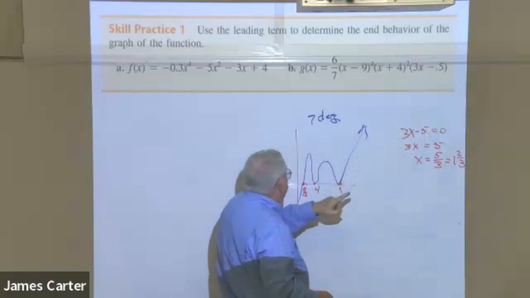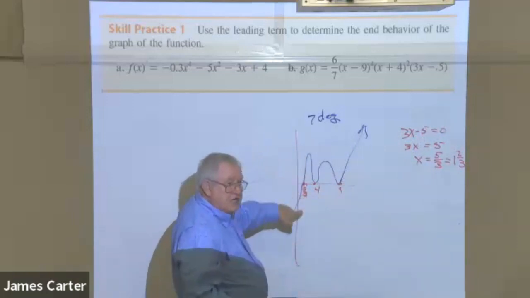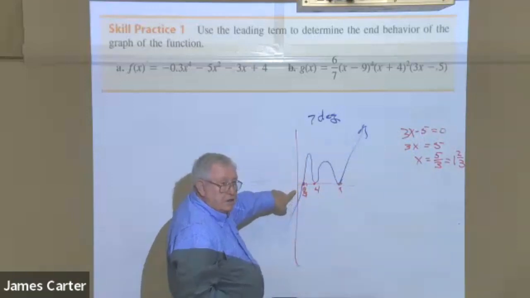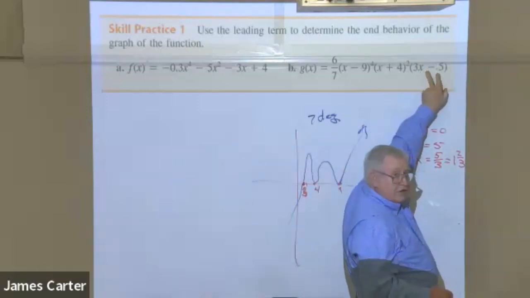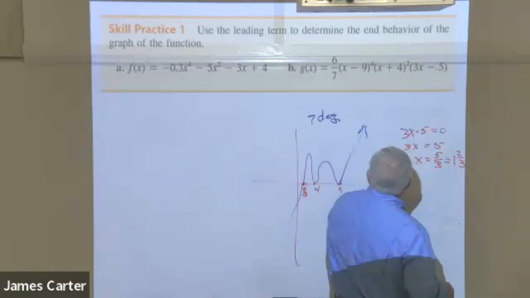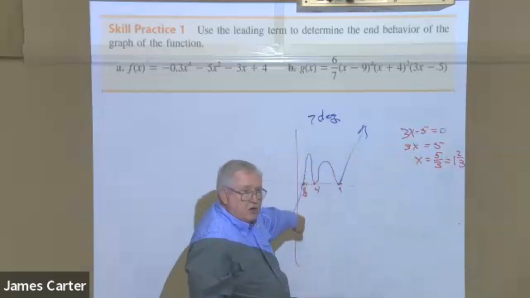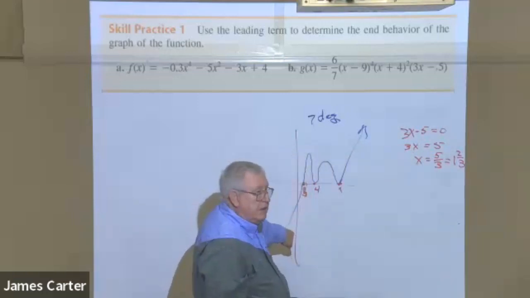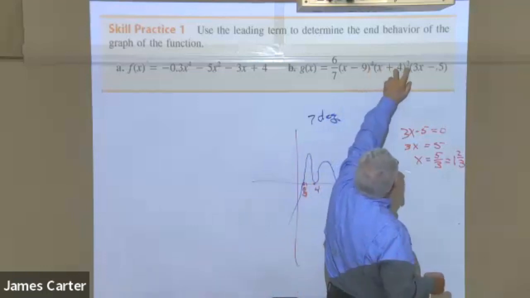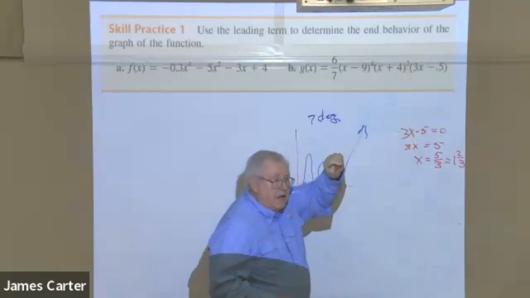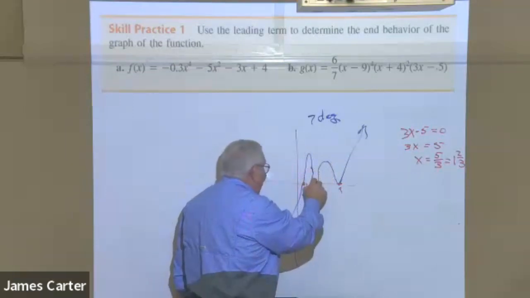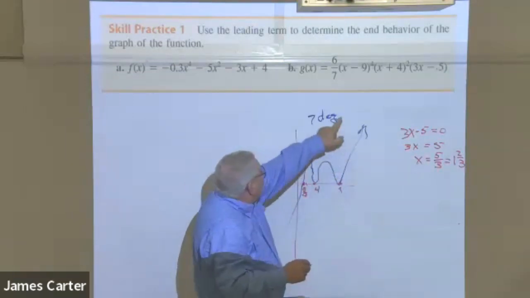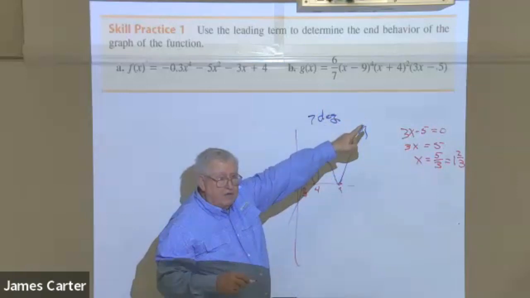So that's why it is a crossing one. If you have an odd power behind a factor, the graph is going to cross the x-axis. If you have an even power behind a factor, then it's going to touch and go. This is a pretty realistic graph of that equation.